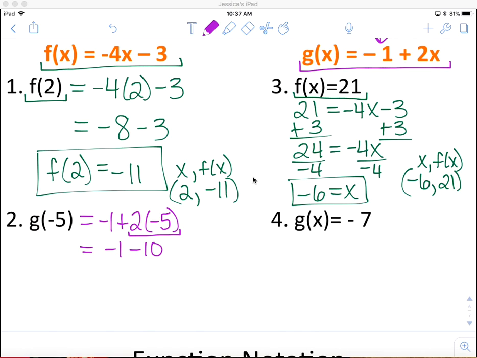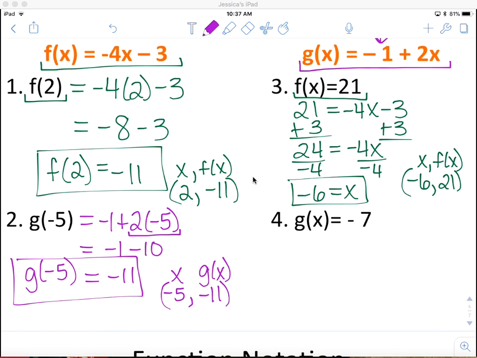And -1 minus 10 gives me -11. So what I just found is that for the function g, when my input is -5, my output is -11. In other words, y is -11.